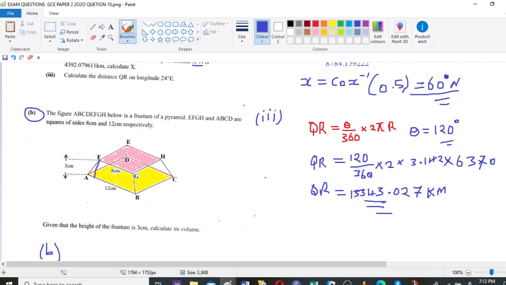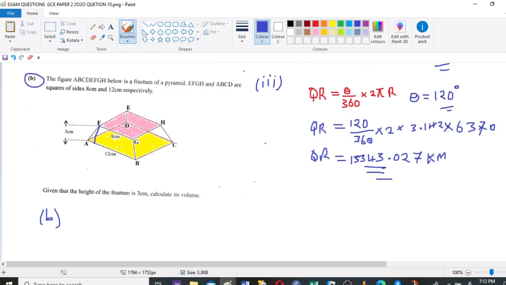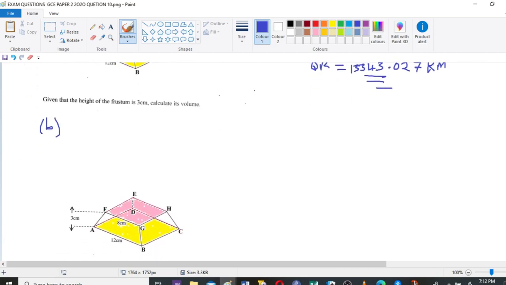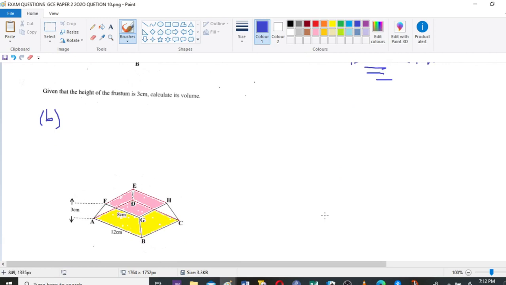All right, to see how to calculate that, look at this one here. This is the frustum that we have. It's just a piece, like one of the pieces, where the piece at the top has been cut, and we need to find that one.